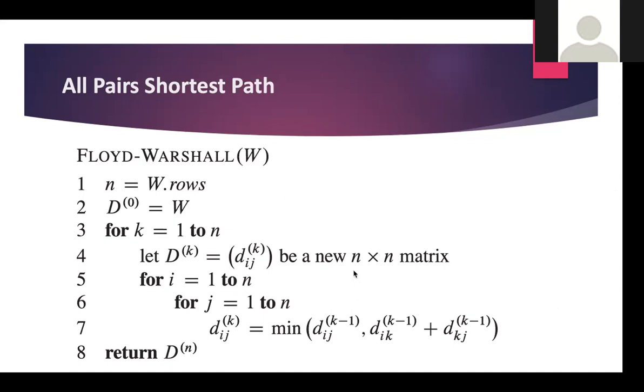Remember, I told you briefly that this all pair shortest path algorithm, or rather the Floyd-Warshall algorithm, is really a dynamic programming algorithm. Now, what makes it a dynamic programming algorithm? It turns out that there are many features of basic dynamic programming that are part of this algorithm. The most important part that makes it a dynamic programming algorithm is step number 7.